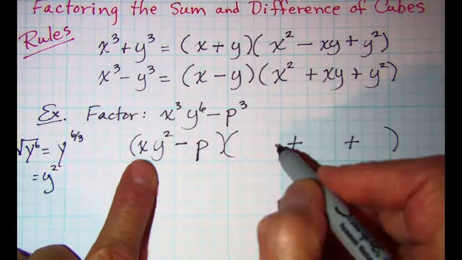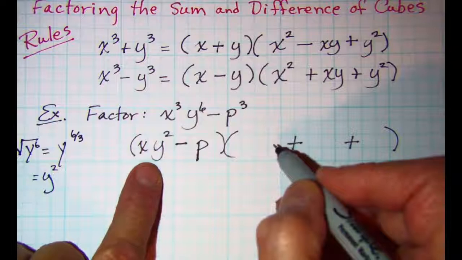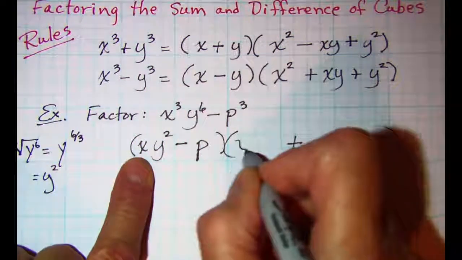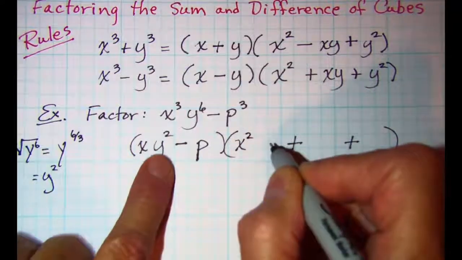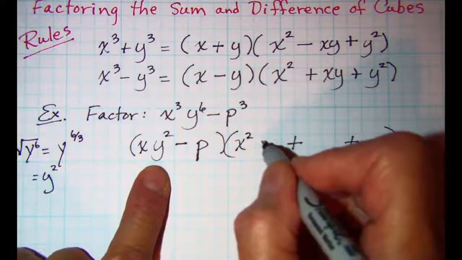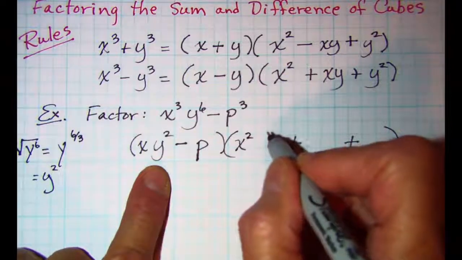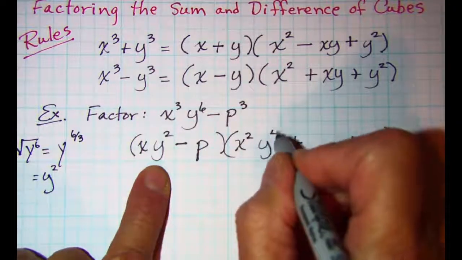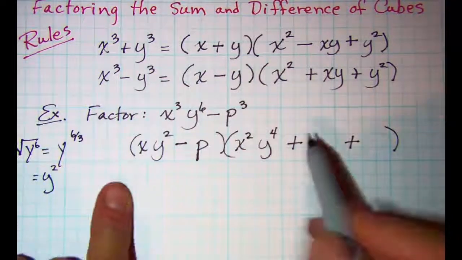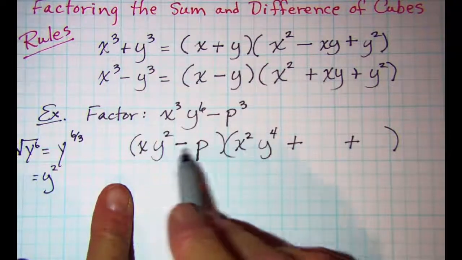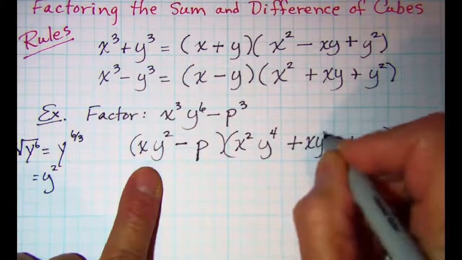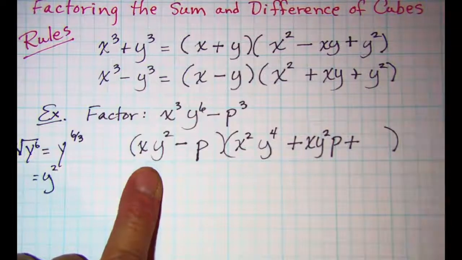So when you square this product, you square each of the factors. So x squared, and then y squared squared means I'm going to multiply those exponents, so y to the fourth. My middle term is the product of these two terms, so just x y squared p.